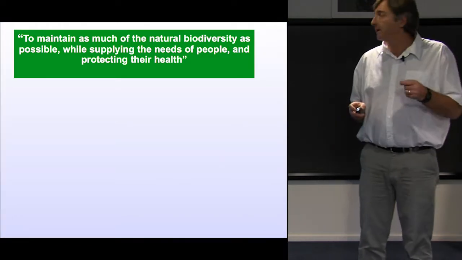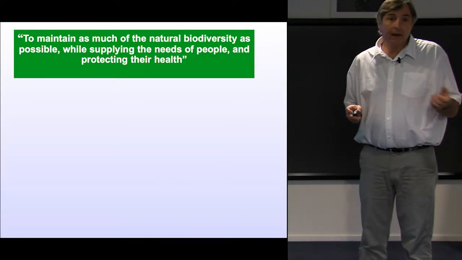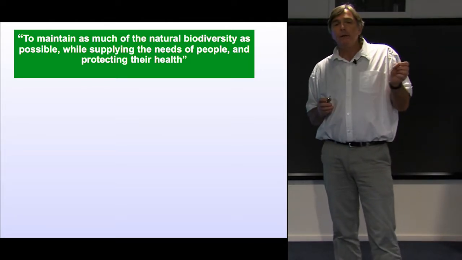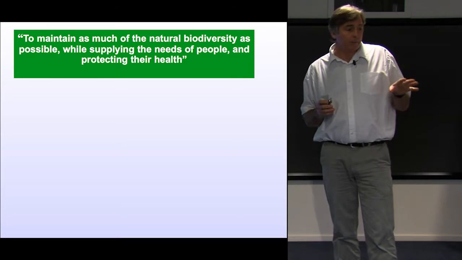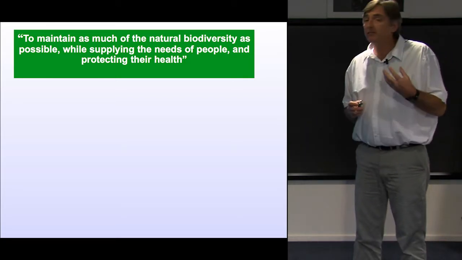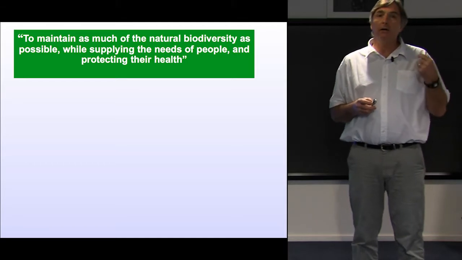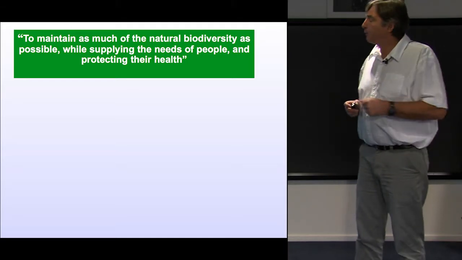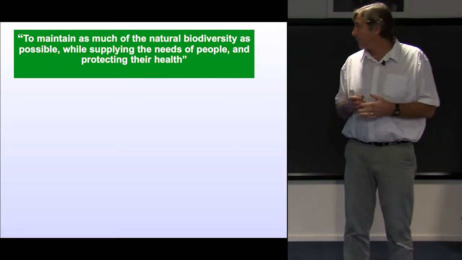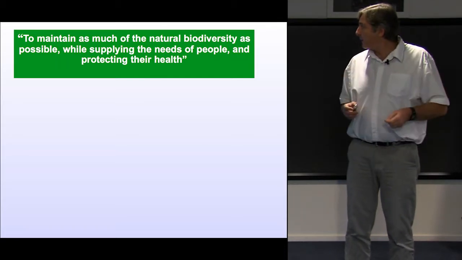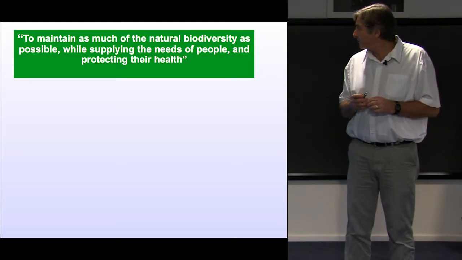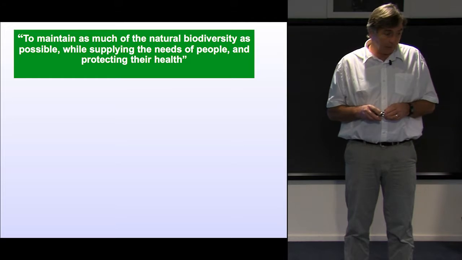Okay, now if we look at setting objectives, and this is a hypothetical example, the way that we developed for setting objectives for the rivers of the Kruger National Park is something known as an objectives hierarchy, where you start off with a very general vision, which everybody can understand and hopefully buy into, in this case to maintain as much of the natural diversity as possible, while supplying the needs of people and protecting their health.